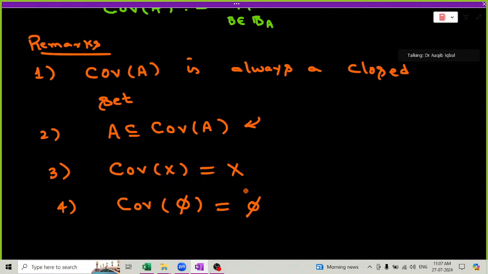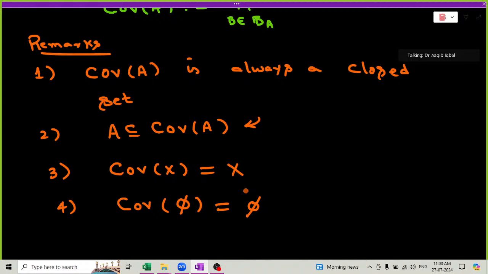If you are in a space with at least 2 points, if your X has at least 2 different points, then you can prove that the cover of the empty set is actually the empty set. And if there is only one point in the space, that's a pathological case, so we can ignore it. Do you understand what I'm saying? Suppose you have a metric space (X, d) where the underlying set is a singleton set.